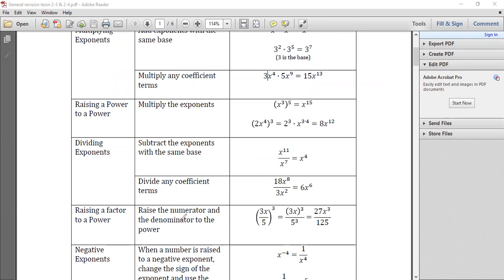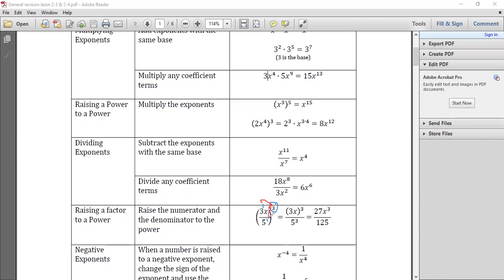Raise the numerator and the denominator to the power. What do you notice here? We have a power of 3, so we will distribute it over all the powers which we have. 3 has an exponent 1, 5 has an exponent 1. Then we distribute the exponents over all of them as we said before.